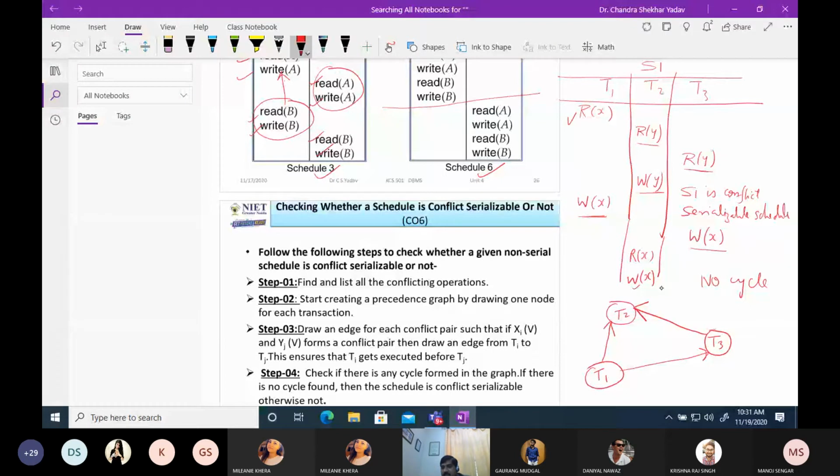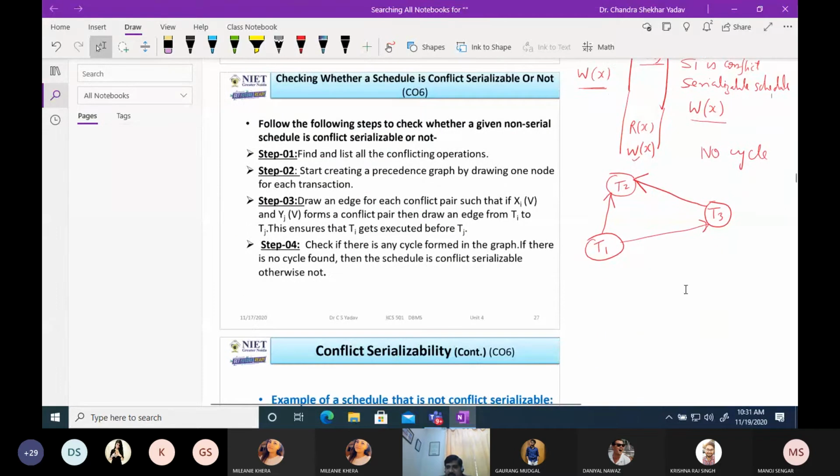Okay. Then in which order do we get the serial schedule? Which transactions will be executed first? Through this diagram, we can find out the serial schedule. So what will be the serial schedule? Please let me know which transaction we will execute first.